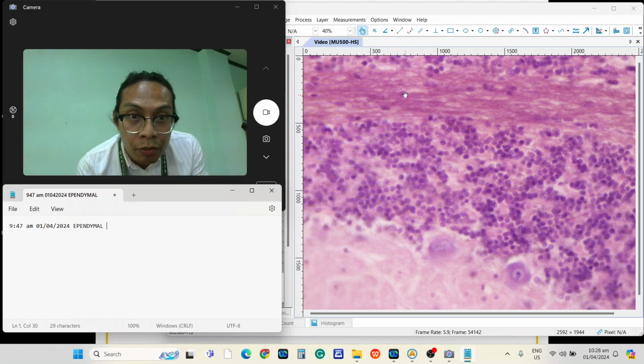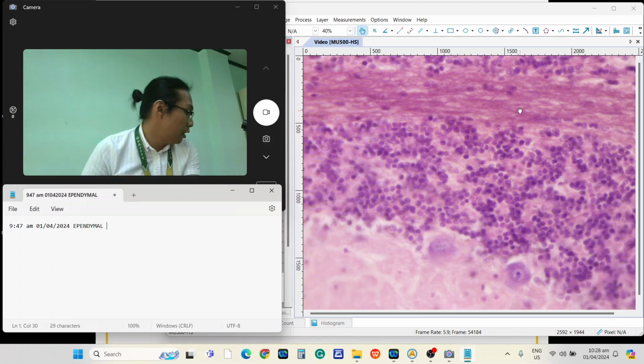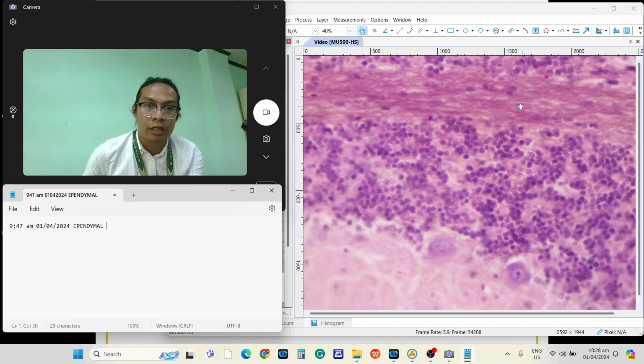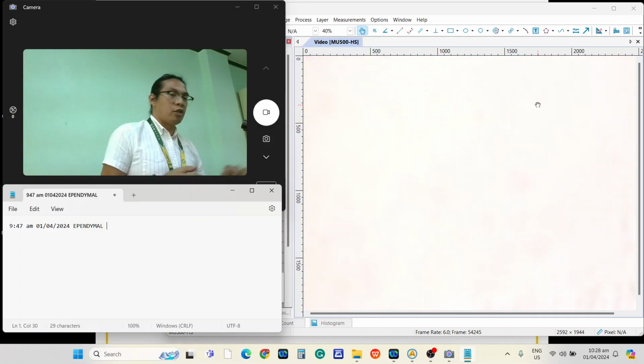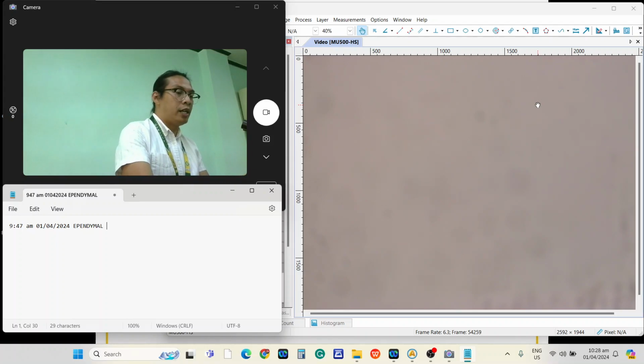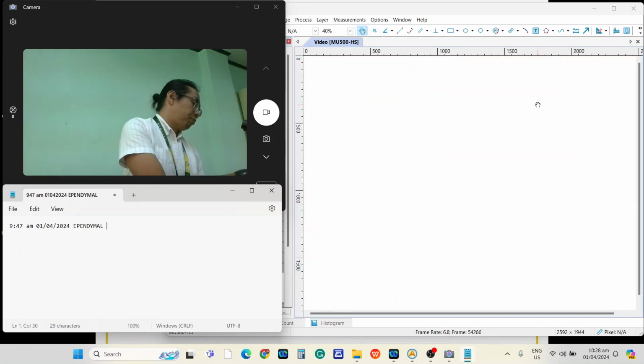This one is a Schwann cell, that one is a Schwann cell, another Schwann cell, and these are the nerve fibers na nasa white matter ng cerebellum.